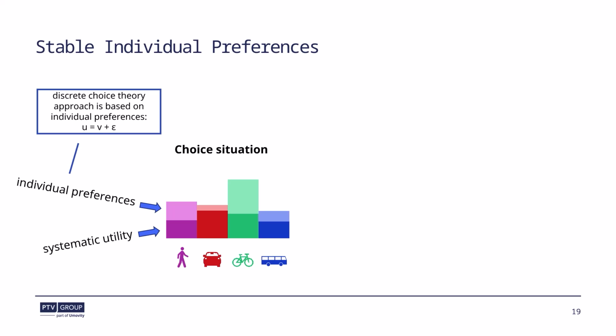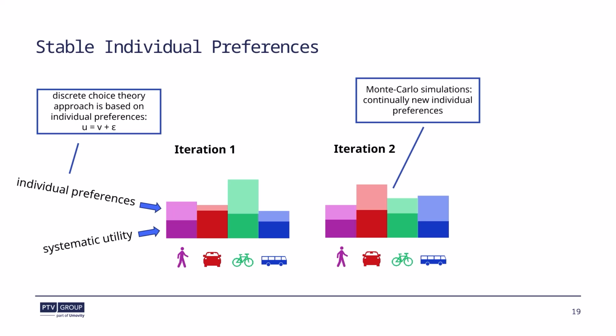Now let's have a look what happens in a typical ABM simulation. There it is as if every person gets permanently new of these individual preferences, as if we would choose them again and again. So in iteration 1, we have a certain set of individual preferences, and in iteration 2, we have a completely different set, and that may cause a different decision.